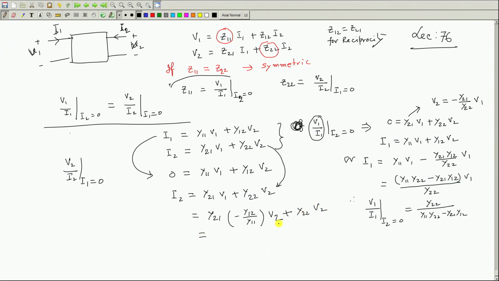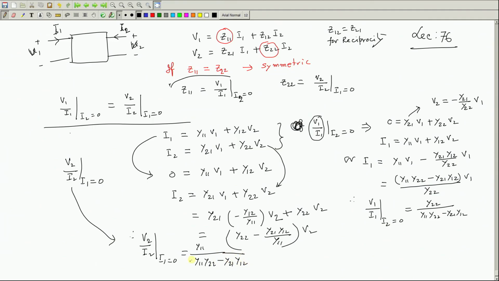So, this will be then once again Y22 minus Y21 Y12 by Y11 into V2. So, V2 by I2, this is what I have to find out with I1 equal to 0, will be simply Y11 divided by the same thing, Y11 Y22 minus Y21 Y12.